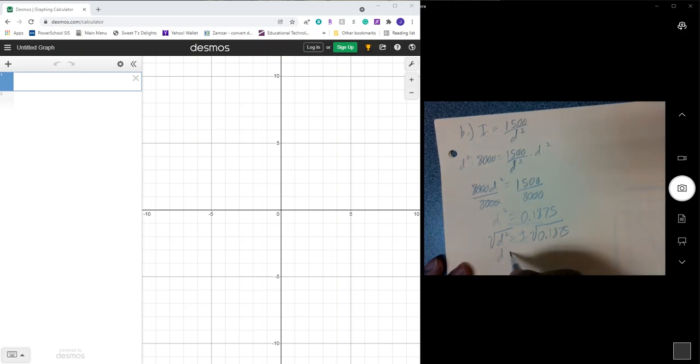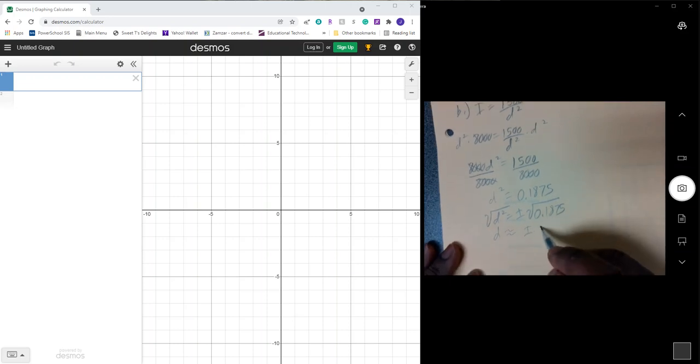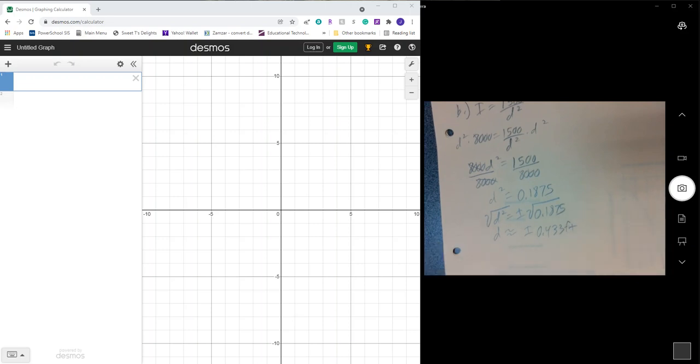So d is approximately plus or minus 0.433 feet. Now remember, just as in the other problem, we cannot have negative feet. So our final answer would be d is approximately 0.433 feet. And that is basically it for that problem.